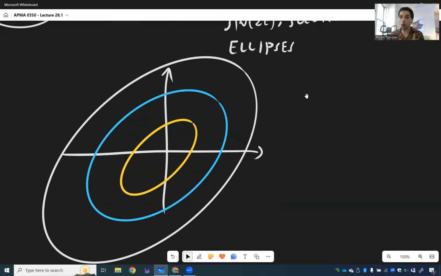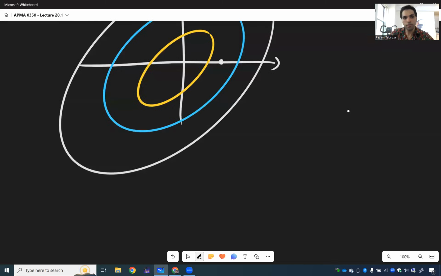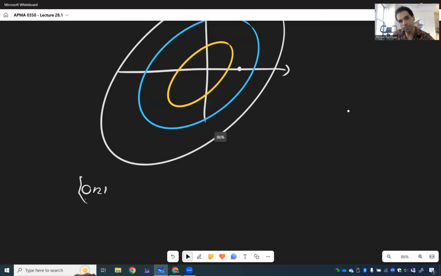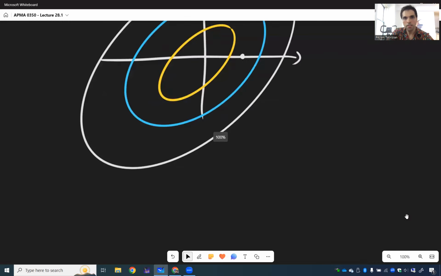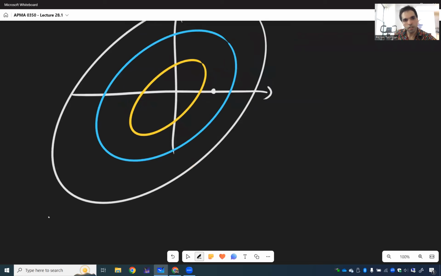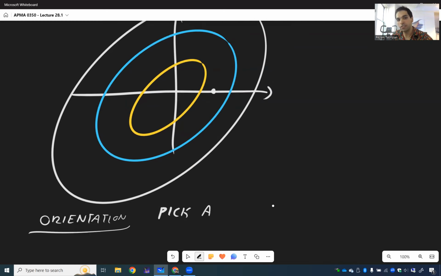That said, you are responsible for finding the orientation, whether it goes clockwise or counterclockwise. And it turns out it's straightforward to find, because the way you do it is pick any vector you want, say (1, 0). So for the orientation, whether it goes clockwise or counterclockwise, pick any non-zero vector.